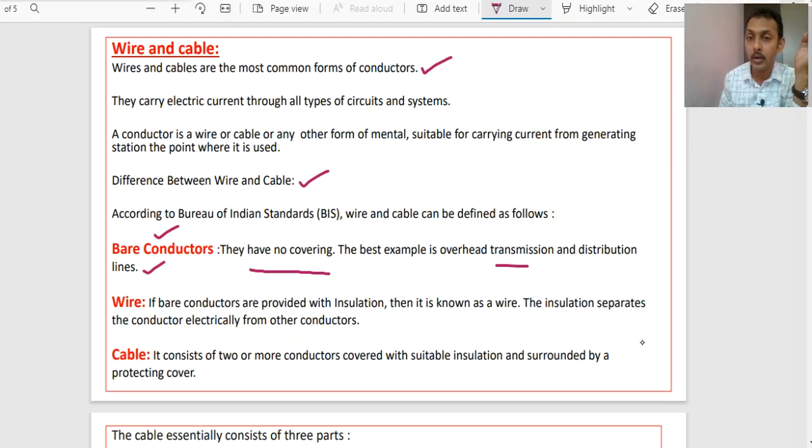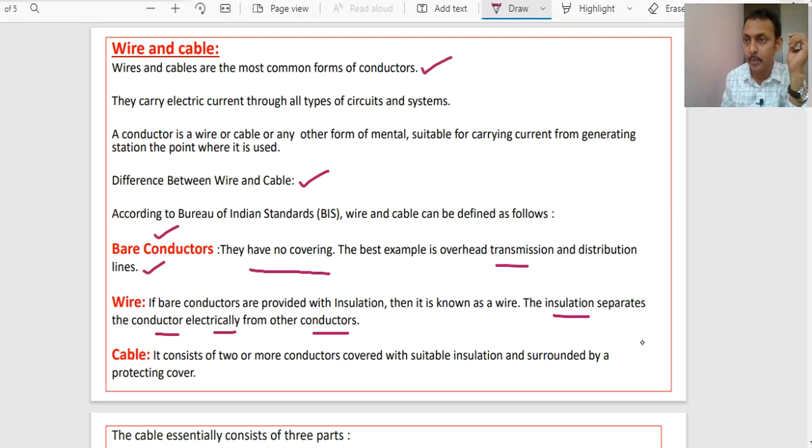But wires are also conductors only. In our household, while making the connection between the electrical equipment and the supply mains, we use an electrical wire. Along with the conductor, on the surface of that, it will have the insulation. Now this insulation will separate the conductor electrically from other conductors.